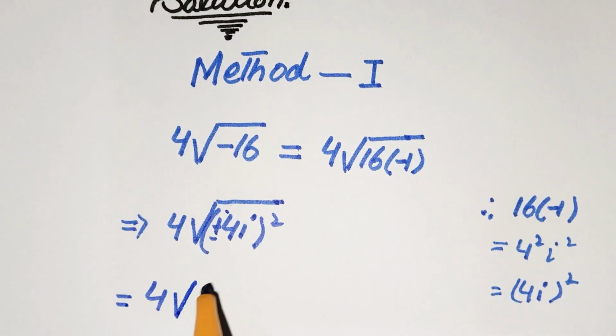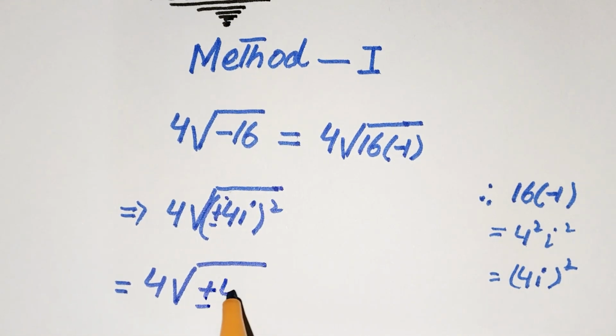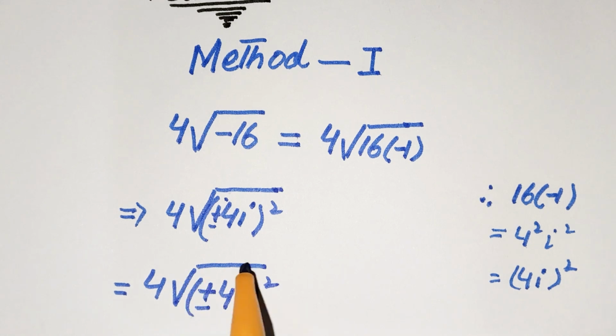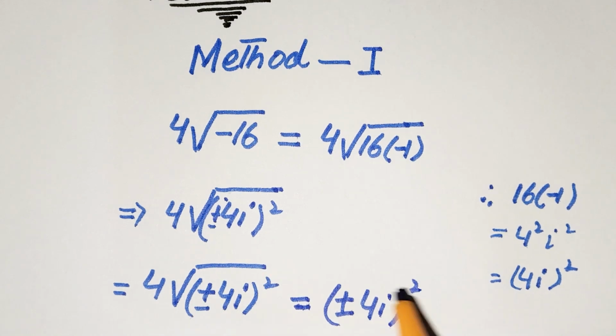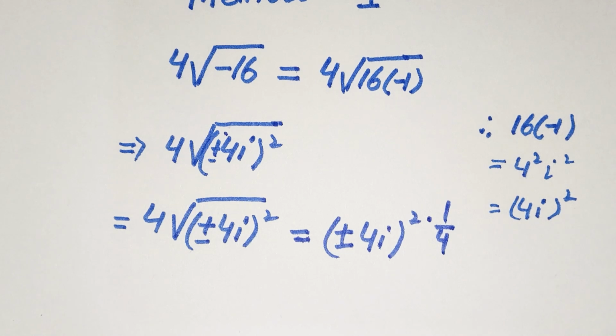the fourth root, that plus minus (4i) squared, can be written as we know the square root is power 1 by 2, but here it is the fourth root, so we can write power 1 over 4, then plus minus (4i) whole squared to the power 1 over 4.